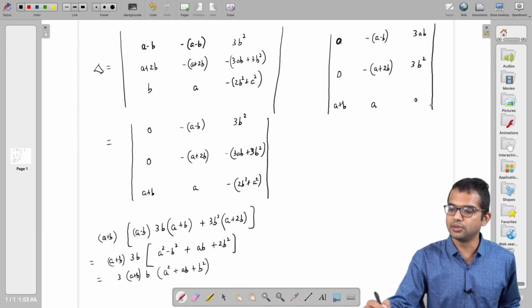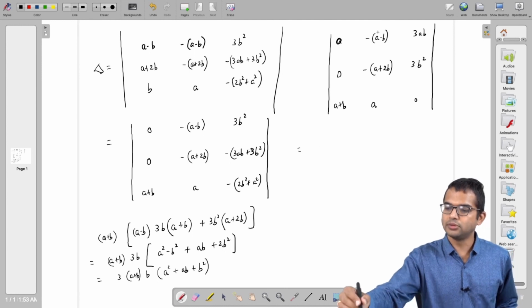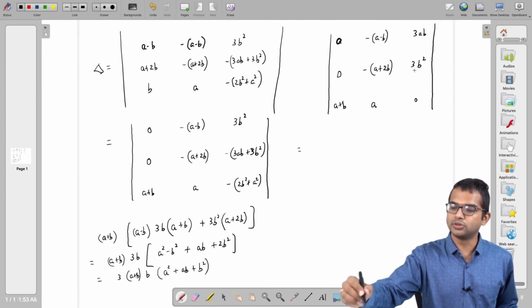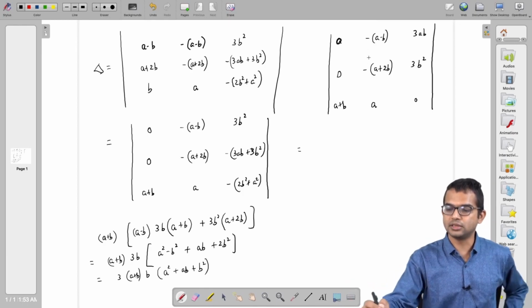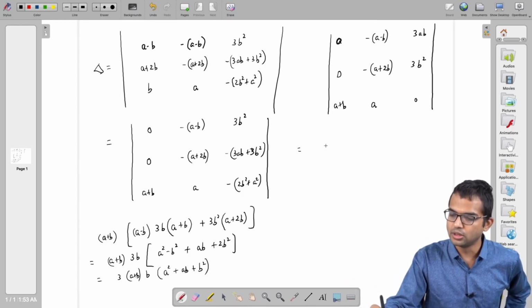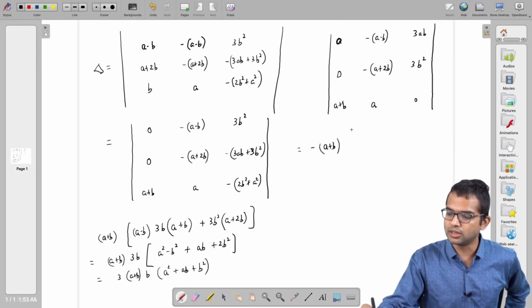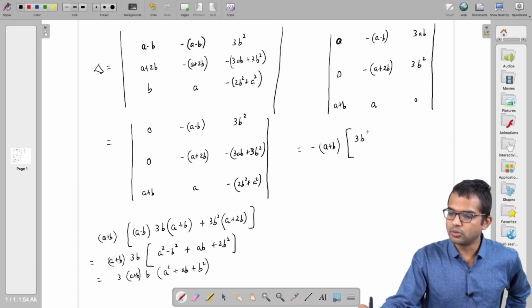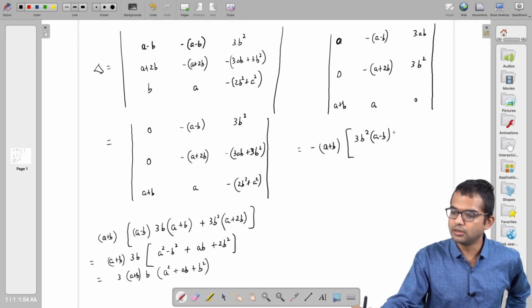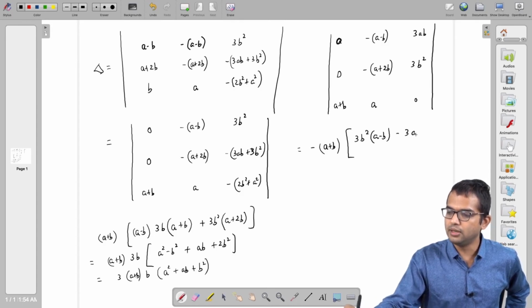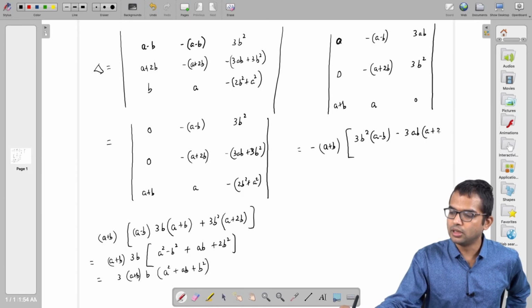I need to evaluate this determinant. So once again, this is just equal to a plus b times the determinant of this 2 by 2 matrix. There are these two minus signs which are sticking out, which I can actually pull out. So I have a plus b, and an overall minus sign I will pull out. Then I have 3b squared into a minus b minus 3ab into a plus 2b, right?